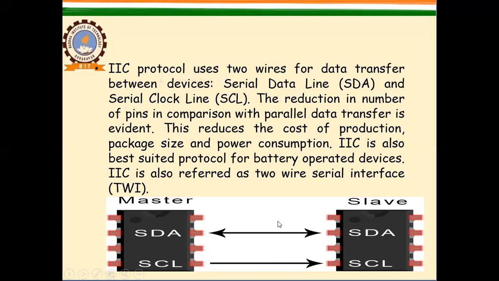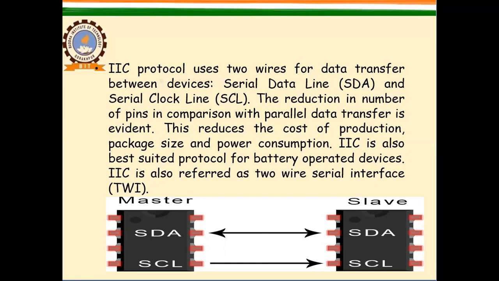So at the same time, if you try to send and receive on the same line, it is not possible. So it reduces the speed of data. If speed is not a major concern, then I2C is recommended over SPI. But if speed has to play a significant role in the embedded system, then we go for SPI.